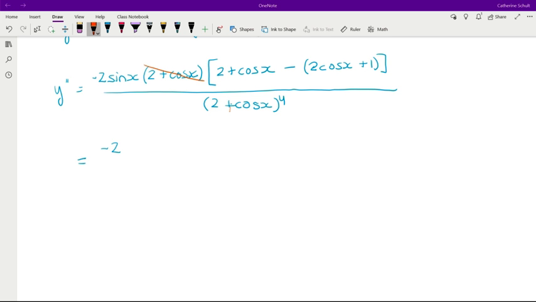So I'm going to cancel this factor right here. So now we have negative 2 sine x. Parentheses, we're going to get 2 minus 1 cosine x minus 2 cosine x. And then on the bottom, we have 2 plus cosine x cubed.